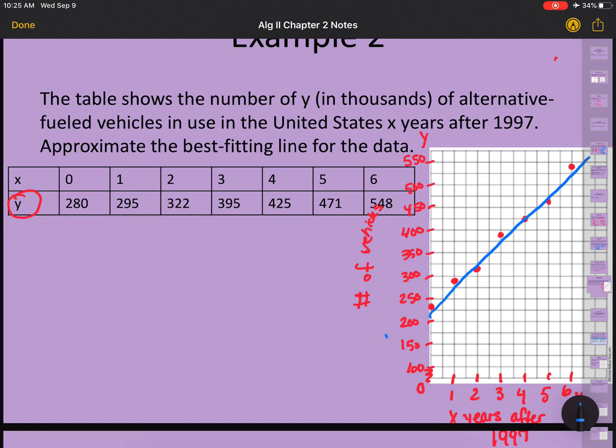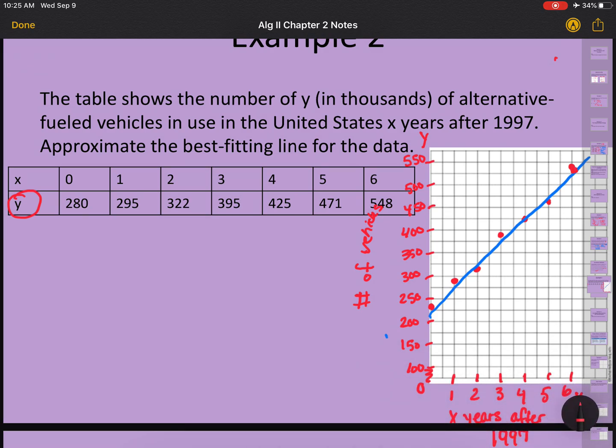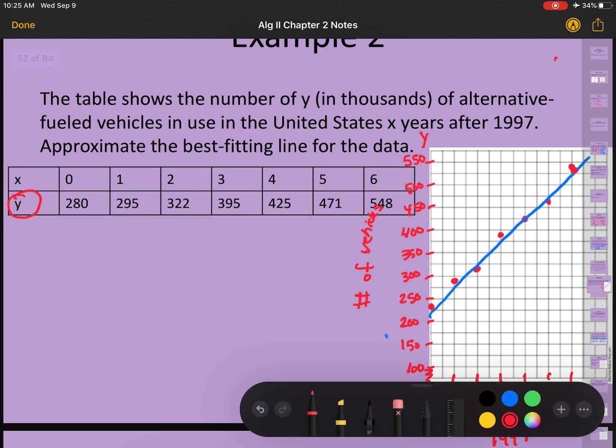So now I'm going to pick 2 points. So that one, that red one. There we go. Now I'm just going to pick any 2 points on my line, that is, not on my graph. Make sure it's on your line.